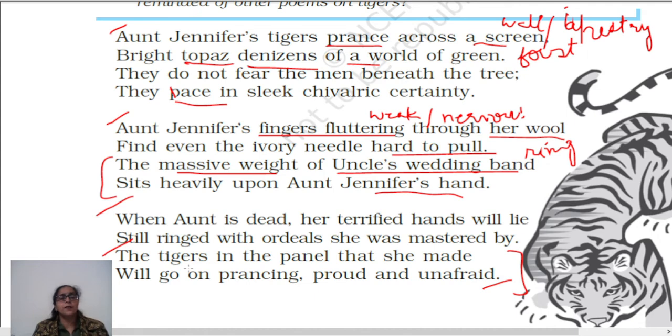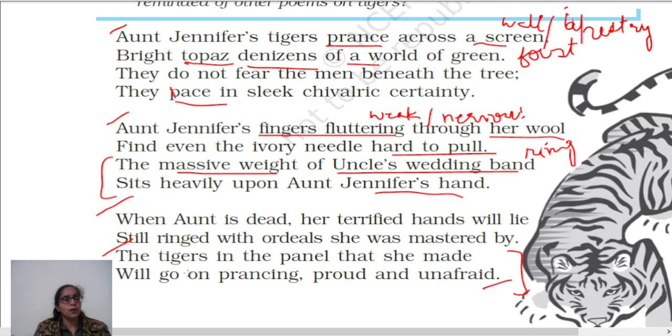Aunt Jennifer is afraid of her husband, but the tiger is not even afraid of the man that is standing beneath the tree. So here the poet is expressing the plight of a woman who is not in the bond of a happy marriage, and who has been suppressed because of the marriage rituals. She has to undergo certain physical and mental trauma.